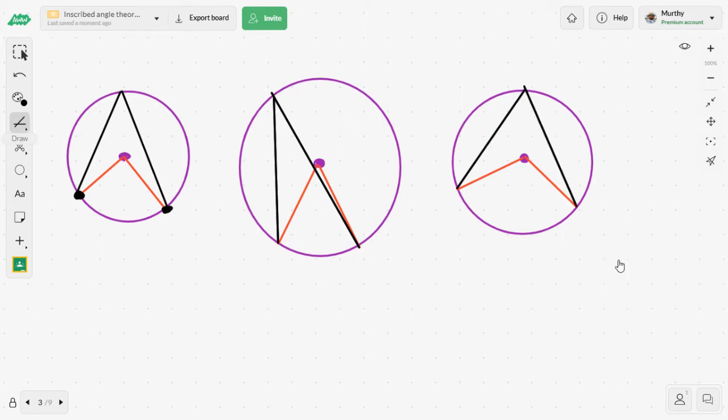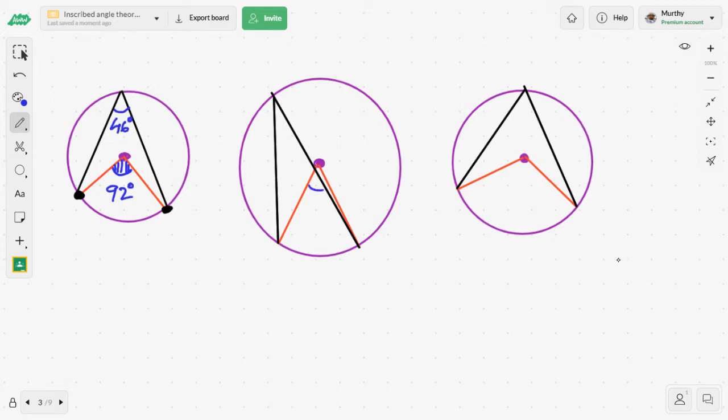Now take a protractor and measure the values. What is the central angle? Just assume that I'm using a protractor and I measured and found that this is 92 degrees, and this one is 46 degrees.